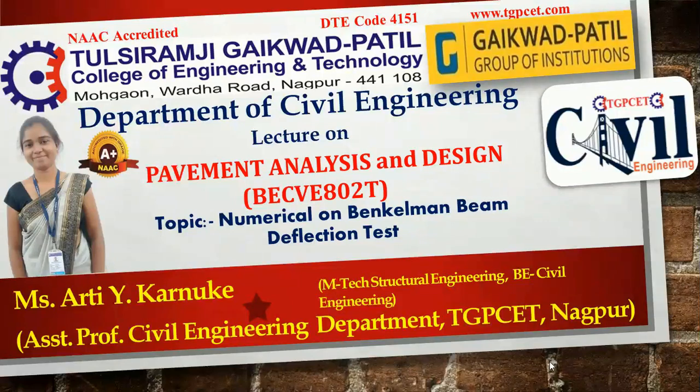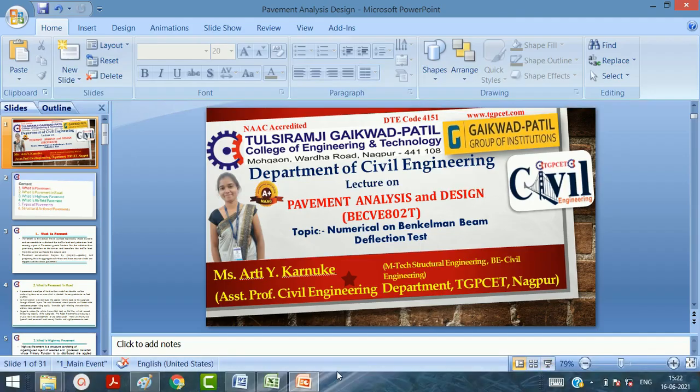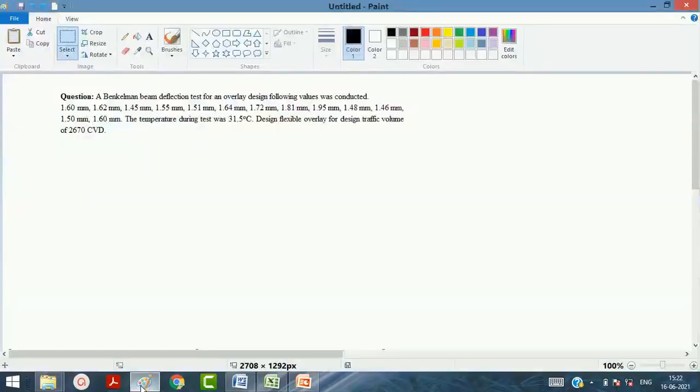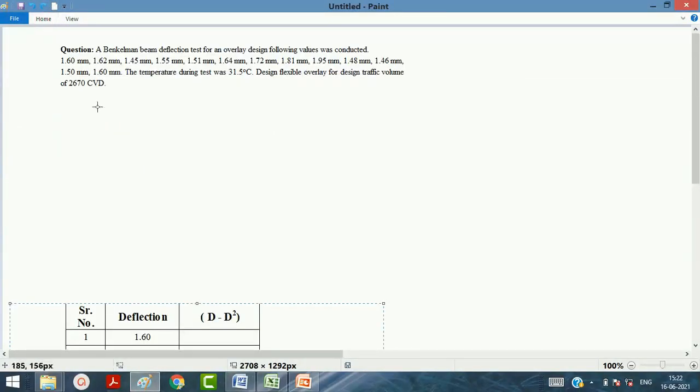So basically in this lecture we are going to deal with the numerical which is based on the Benkelman beam deflection test. So let's start. This is our problem, which states that in the Benkelman beam test for an overlay design, the following values were recorded.